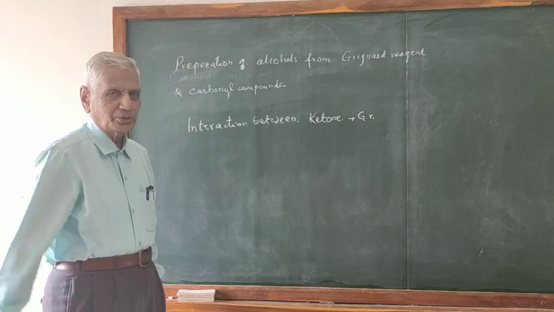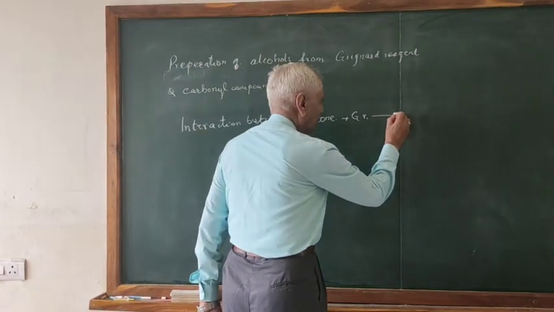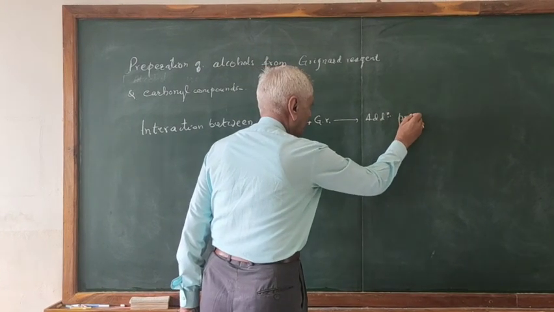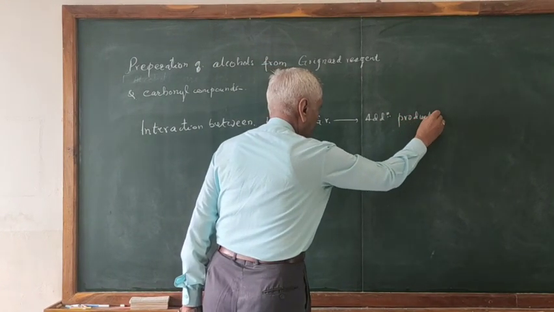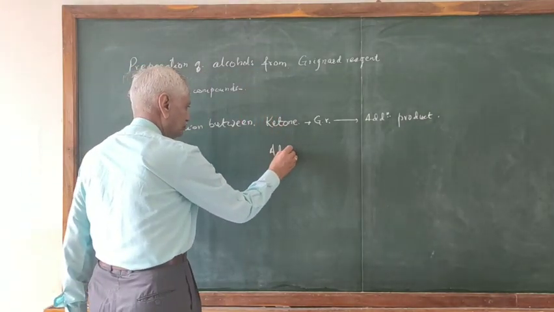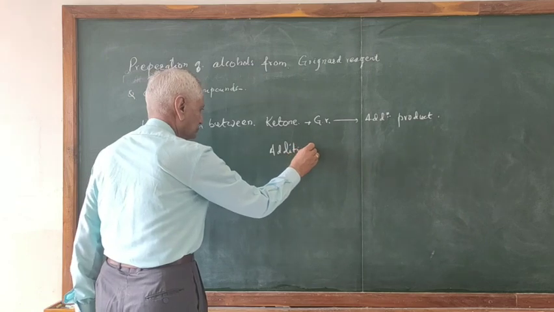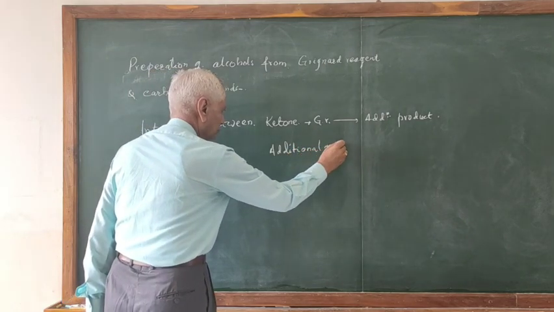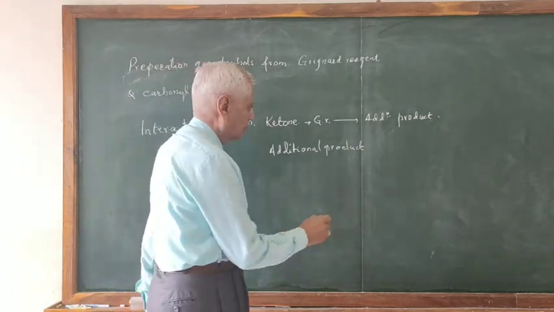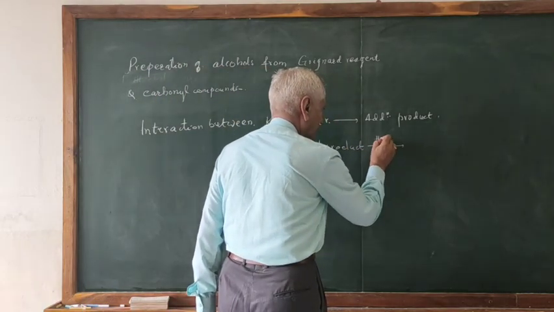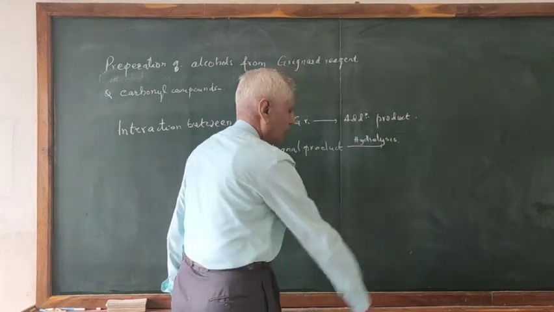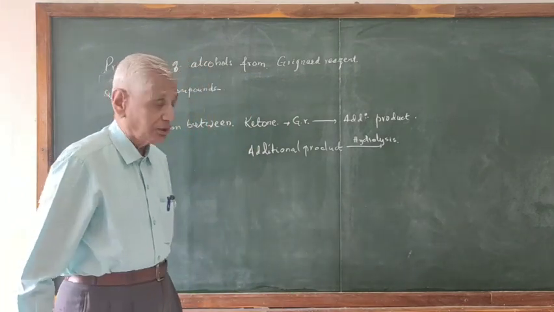So when a ketone reacts with Grignard's reagent, it will give you the addition product as usual. And this addition product on hydrolysis gives tertiary alcohol.